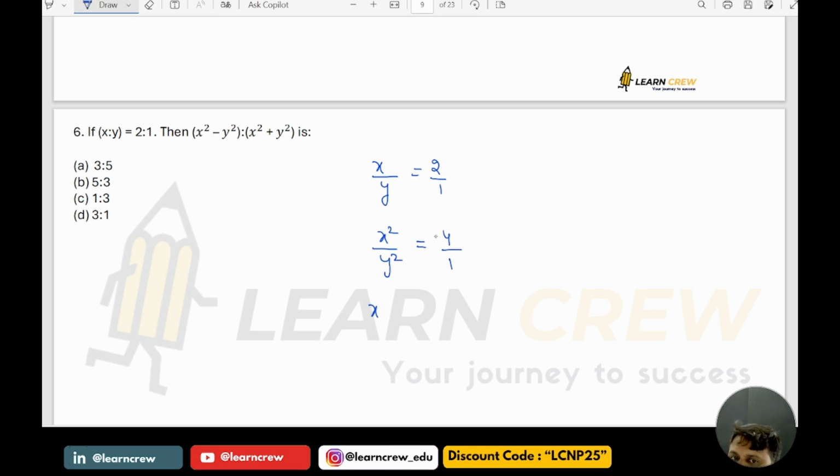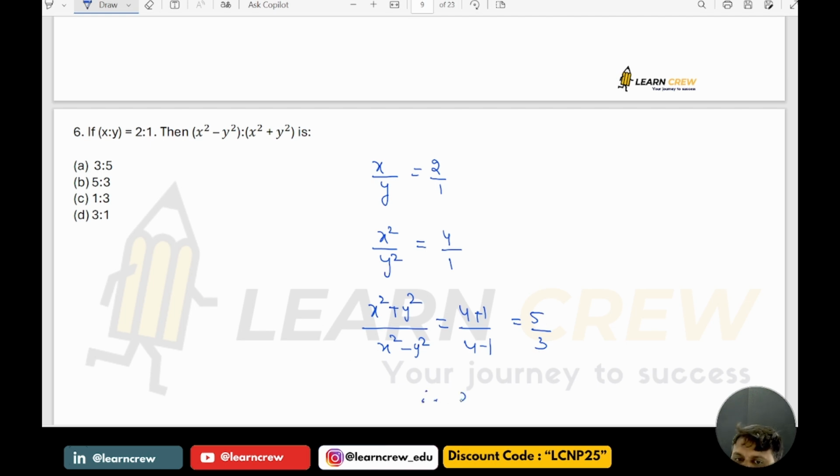If a by b is equal to c by d, then a plus b by a minus b is equal to c plus d by c minus d, which is 5 by 3. x square plus y square by x square minus y square is 5 by 3.